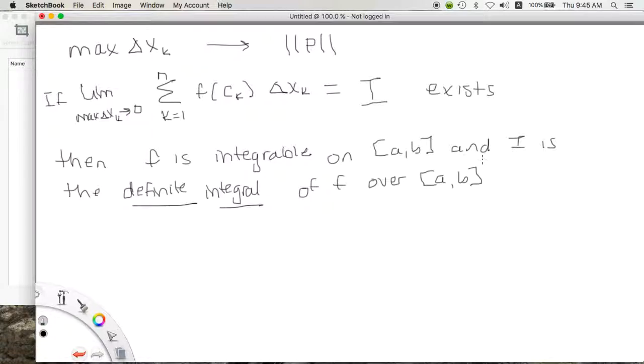Now, we know that we're looking at this going to 0. Let's think about this a little bit. You can also write this a different way. We could write it as the limit as n goes to infinity of this sum, because what does that mean? Here we're talking about the limit as the widths get smaller and smaller, and here, we're talking about the limit as we have more and more rectangles.